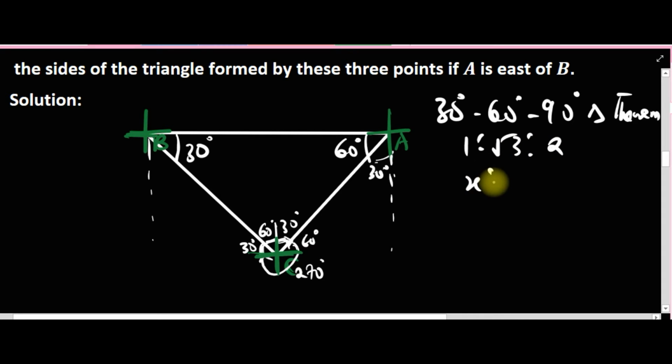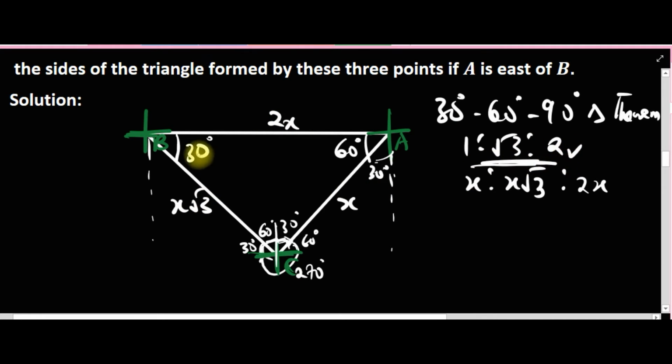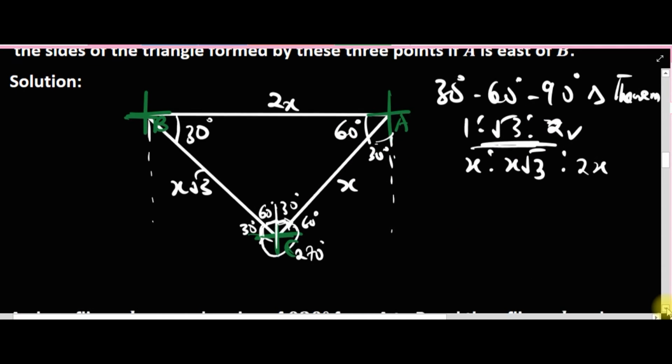Meaning if here is the shortest side x, the longer side is x root 3, while the longest side is 2x. So the one facing 30 is x, here is x root 3, and here is 2x. So the ratio of the sides is 1 is to root 3 is to 2. That's the answer. So it's a very tricky question.